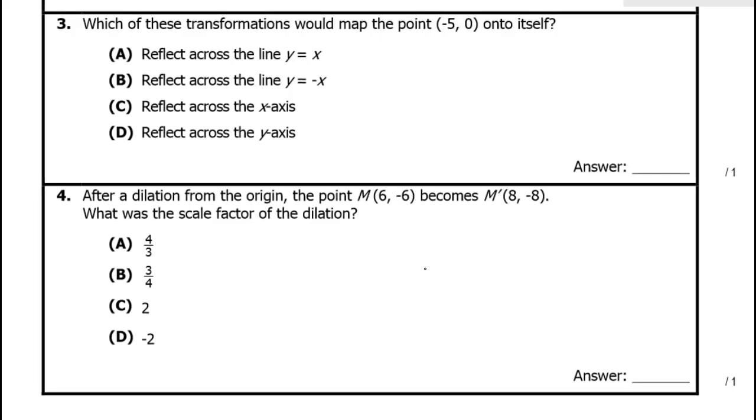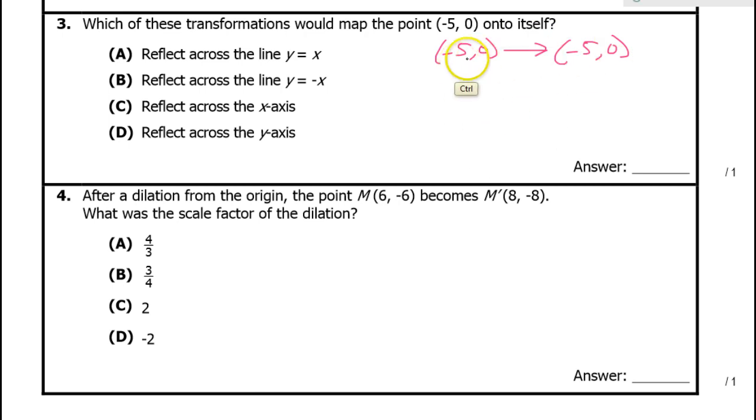Alright, problem number 3. Which of these transformations would map the point (-5, 0) onto itself? So (-5, 0) has to still end up as (-5, 0) when we're done.